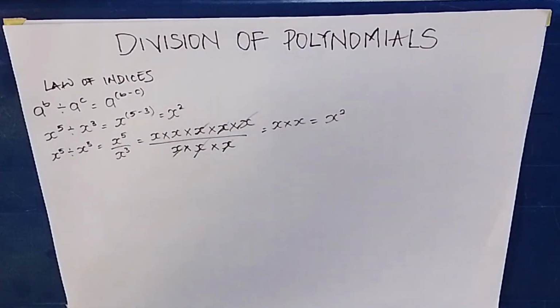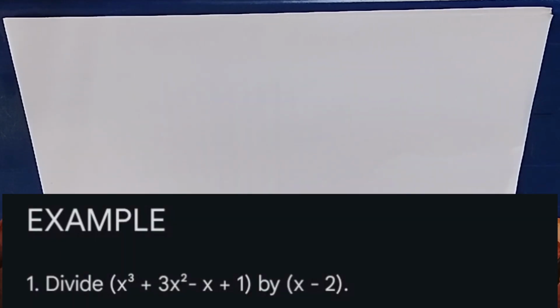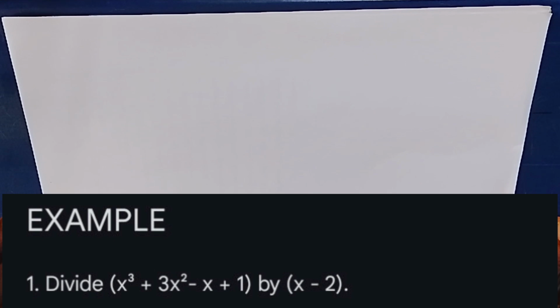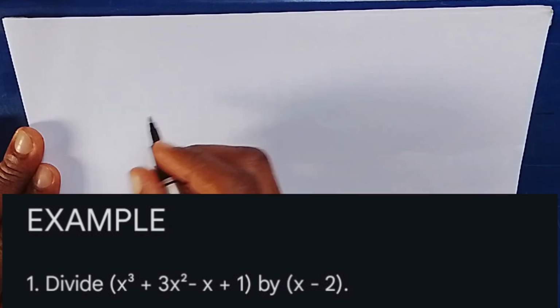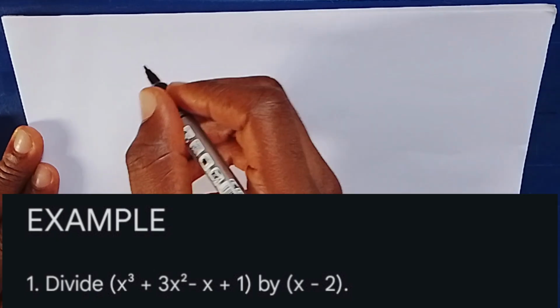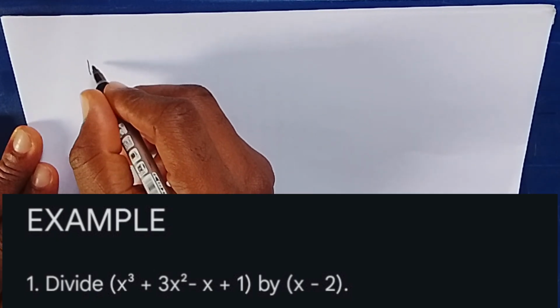Now let's head straight into some examples. Given this polynomial, we have to divide it by x minus 2. In dealing with division of polynomials, you know your normal long division. Now you will use that long division sign.